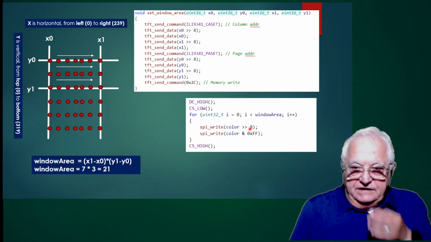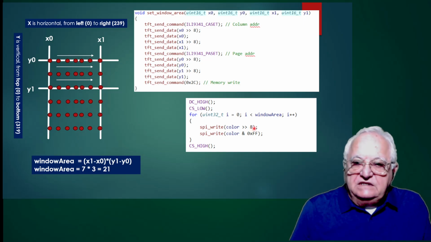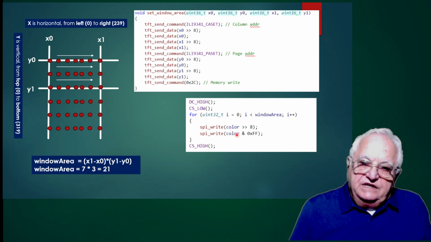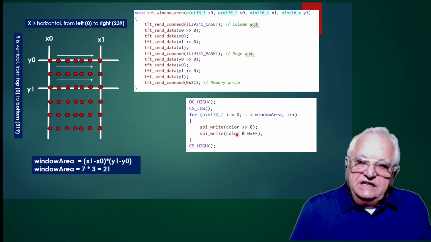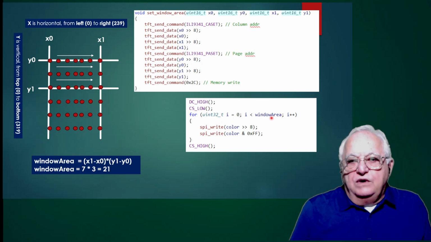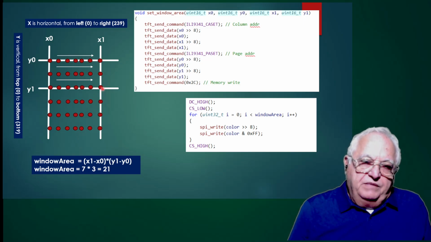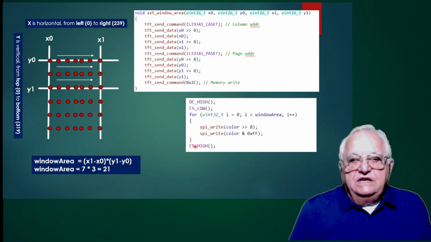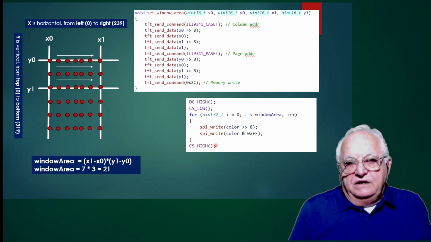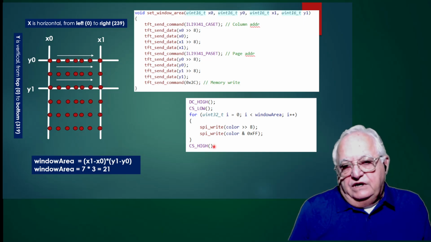So we send the first 8 most significant bits, and then we send the 8 less significant bits. And once we're done with that, we've turned all the LEDs on with a particular color. Then we set the chip select to high, which disconnects.